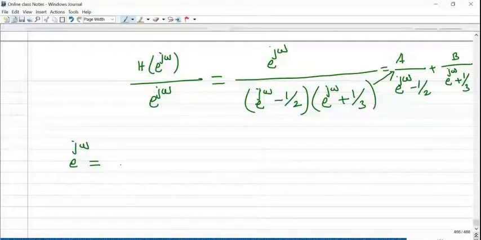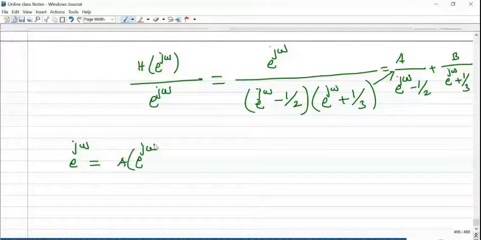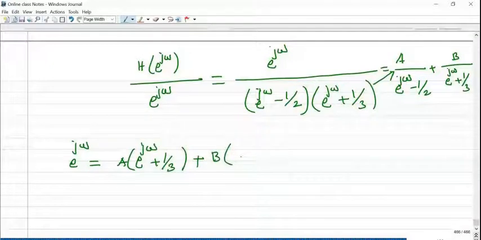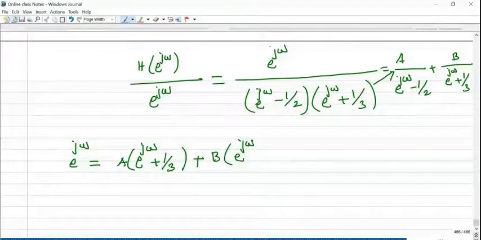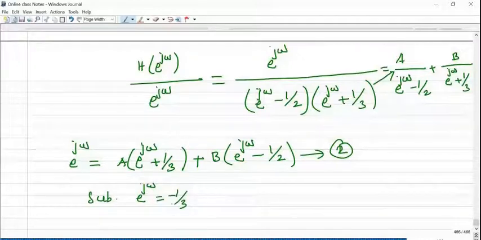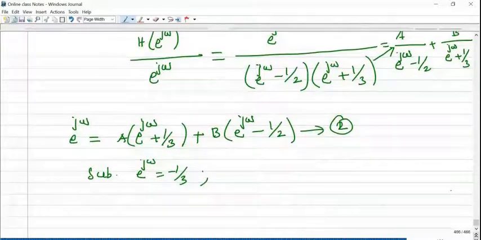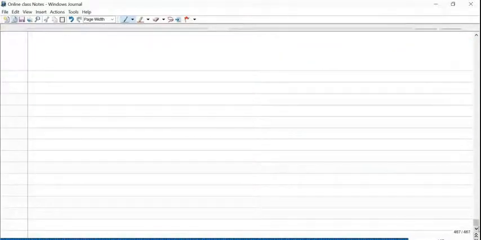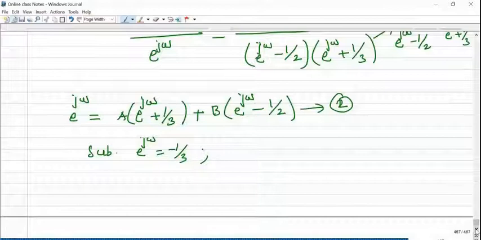A times e power j omega plus 1 by 3 plus B times e power j omega minus 1 by 2. Consider equation number 1 or equation number 2. Substitute e power j omega equal to minus 1 by 3 and find the value for B. Similarly, substitute e power j omega equal to plus 1 by 2 and find the value for A.